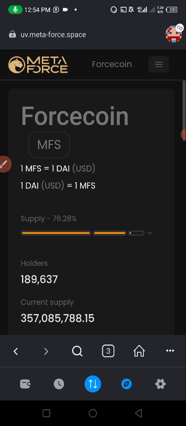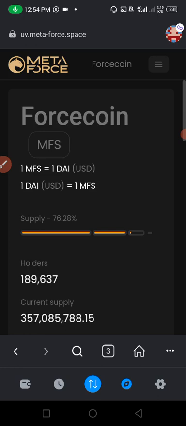So this is ForceCoin, MetaForce cryptocurrency. They started the launch of the pre-sale, which is on the website where you can get the ForceCoin. It started in April 2022, and from there the coin has been growing on the pre-sale from $0.2.